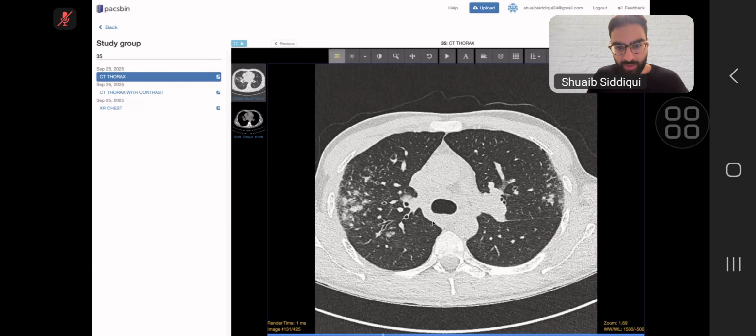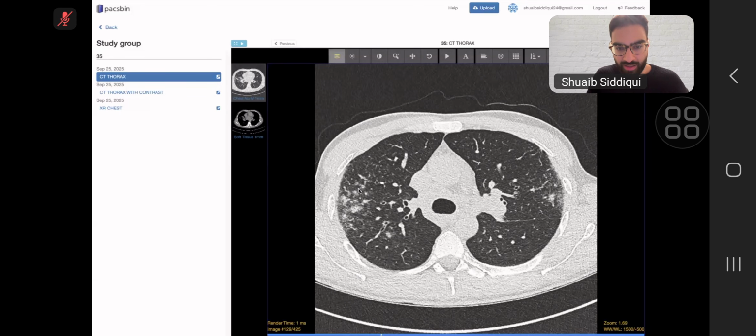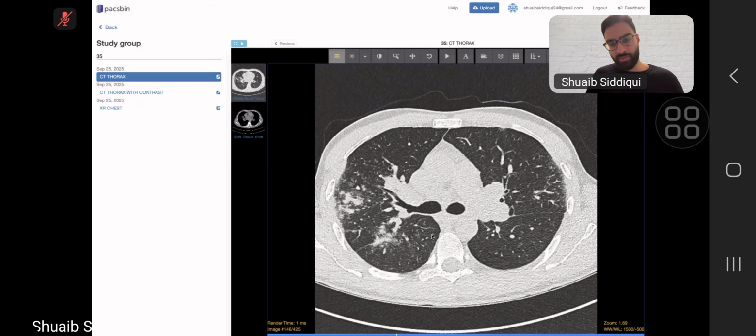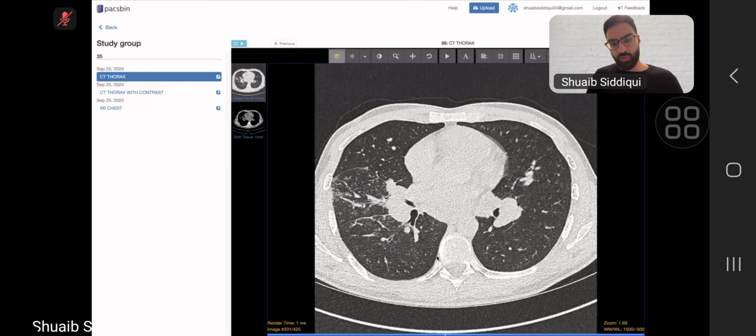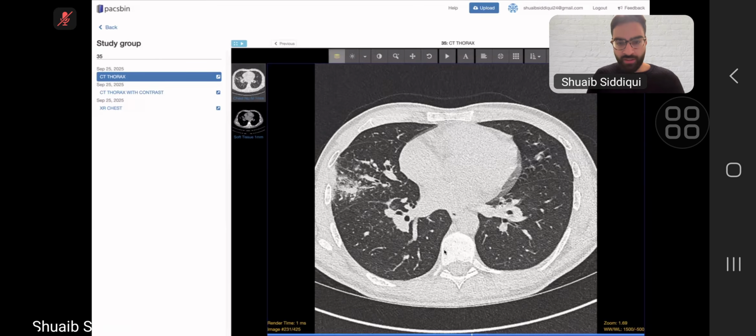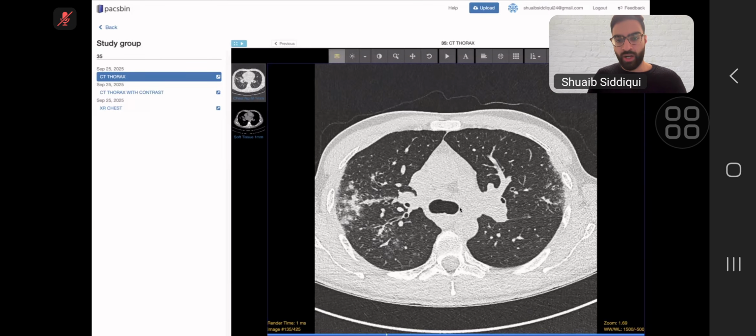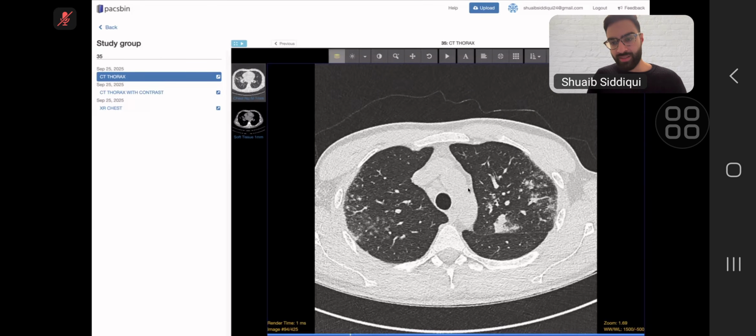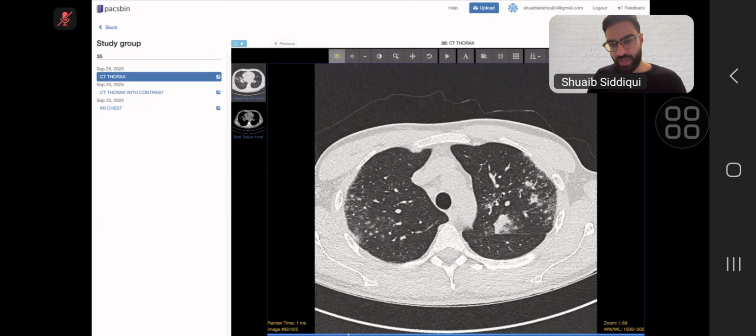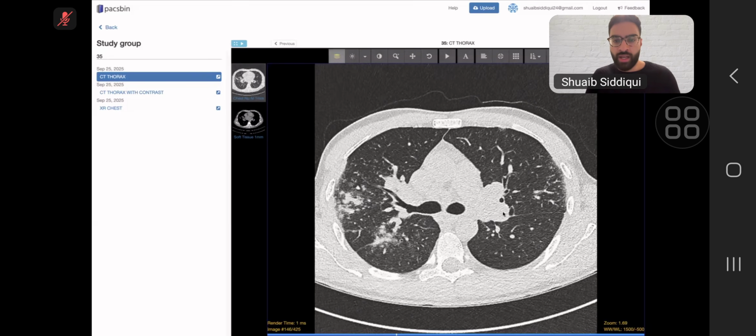And similarly here, you can imagine that there's a polygon here, and then the nodules are all around the edge. It takes a bit of getting your eye in, but I would say that this is more of a perilymphatic distribution. There may definitely be some tree and bud nodules in there as well. But given the perifissural stuff as well, I think you have to say this is most likely sarcoid.